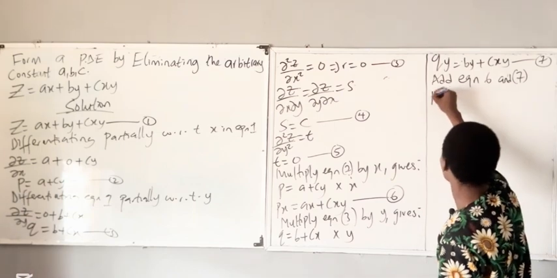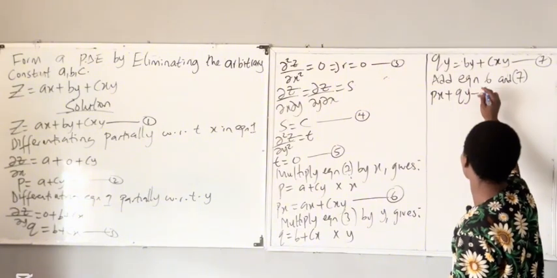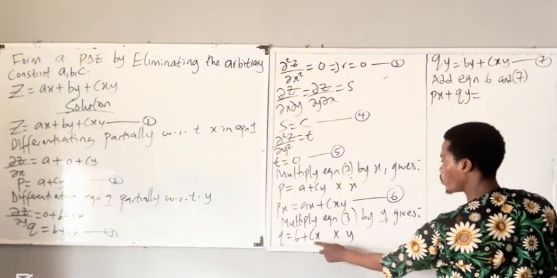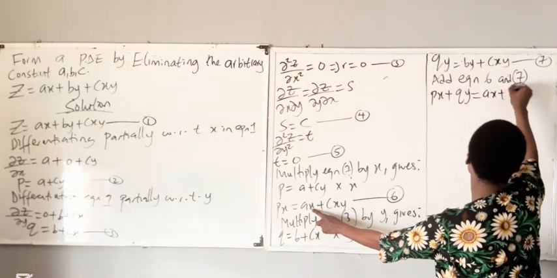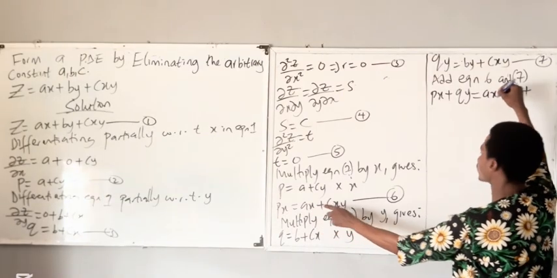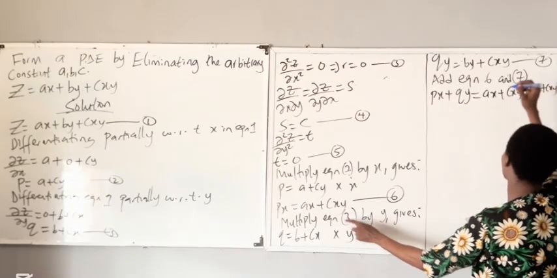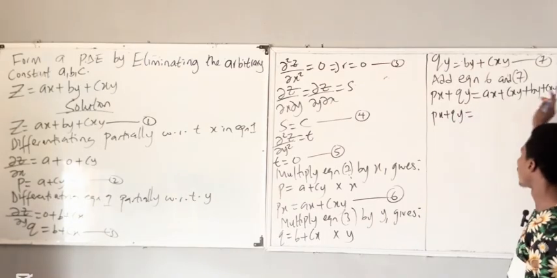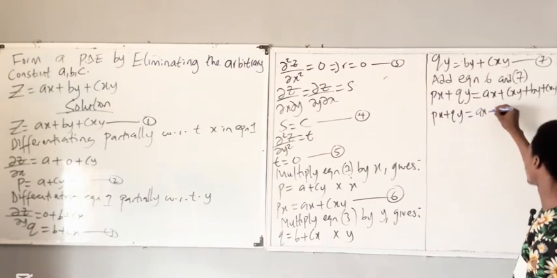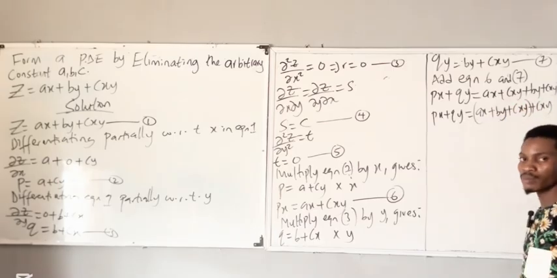Equation 6 is px plus qy, equal to, equation 6 is ax plus cxy, then plus equation 7, by plus cxy. So px plus qy is equal to, let me arrange it, ax plus by plus cxy plus cxy.